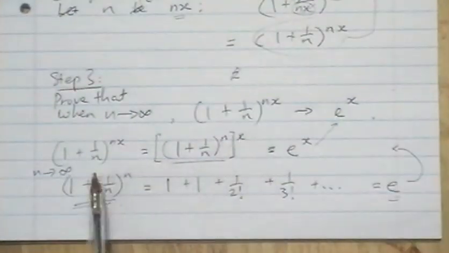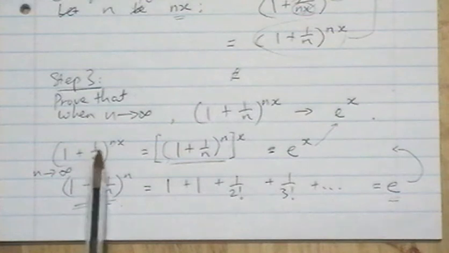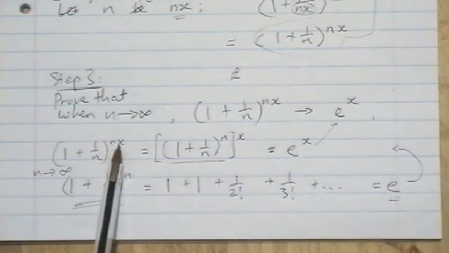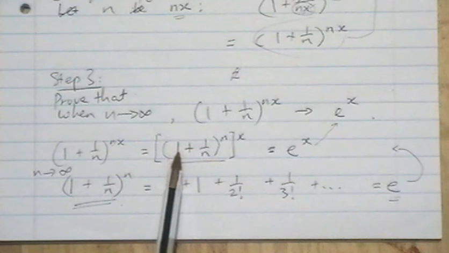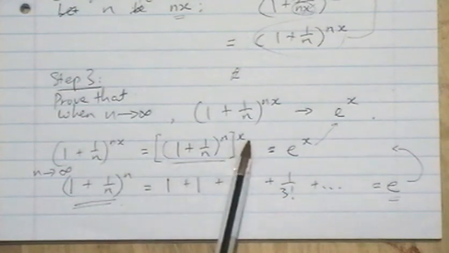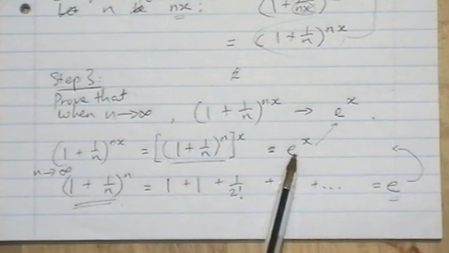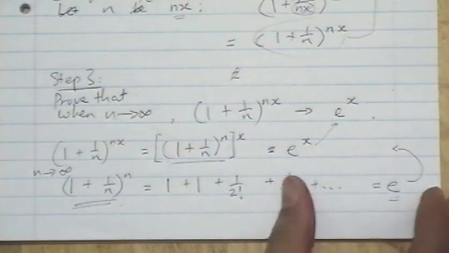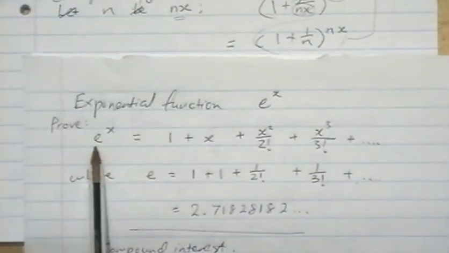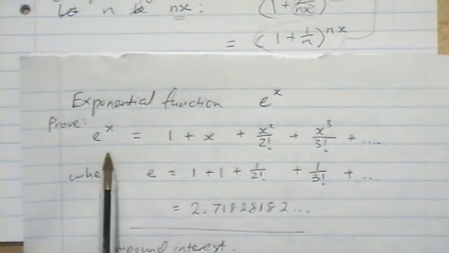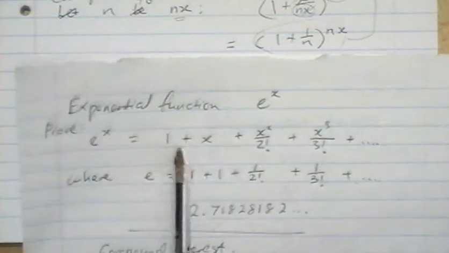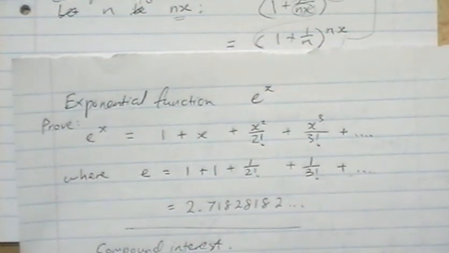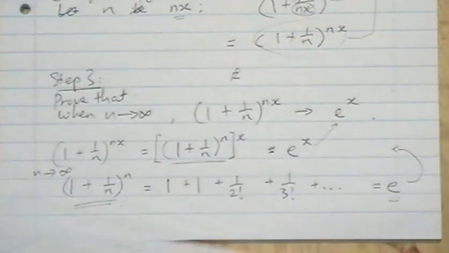And then I've shown in step 3 that, just by separating out the power, it can be written in terms of e as e to the power of x, which is just the left hand side of this. Alright, so combining steps 1, 2 and 3, we have just proven this equation. We'll stop here.